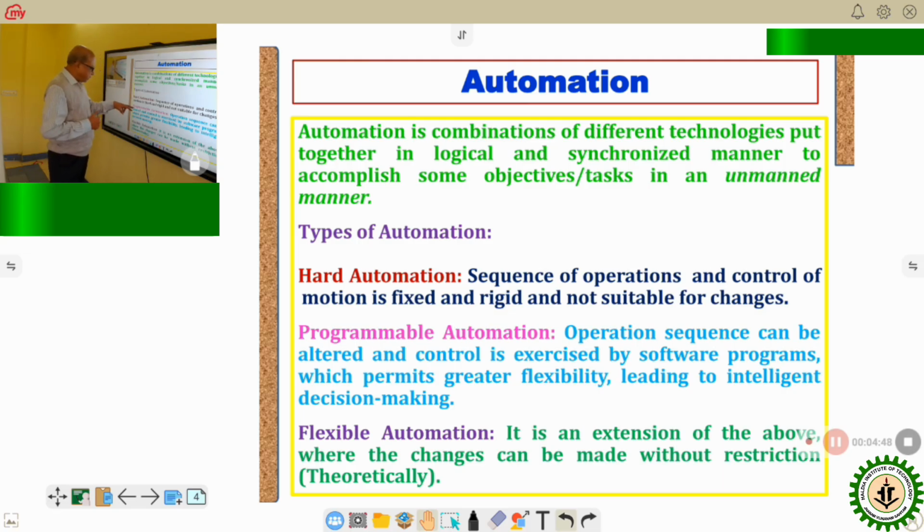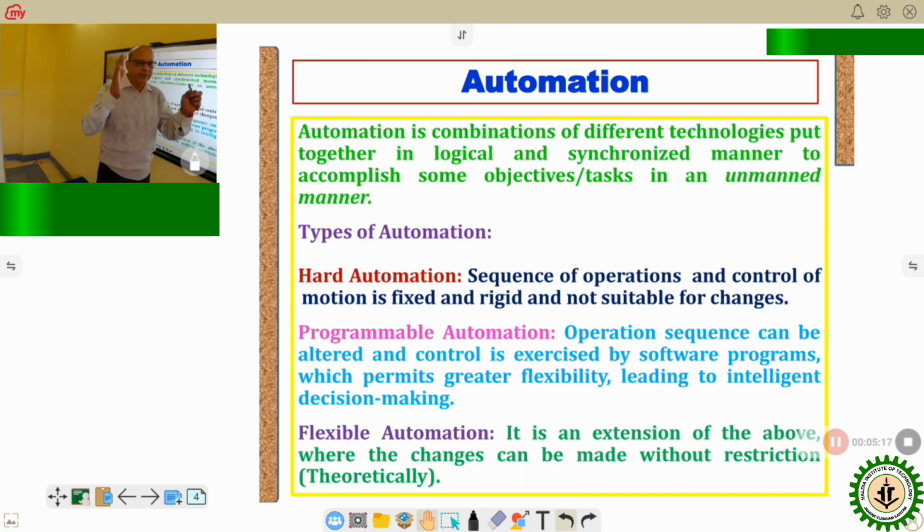CNC systems in contrast offer programmable automation. As the name suggests, it is programmable, so the operation sequence can be altered and controlled. Whenever we talk about alteration, that means there is adequate flexibility, and that flexibility can be achieved only by changing the software program. So the sequence of activities can be altered and control is exercised by software programs, which permits greater flexibility leading to intelligent decision making.